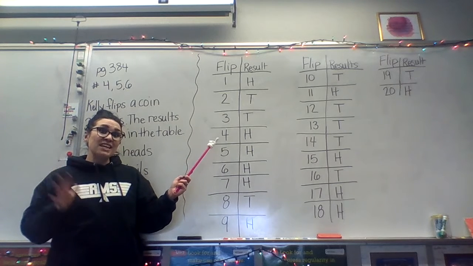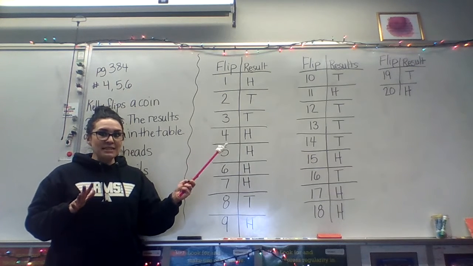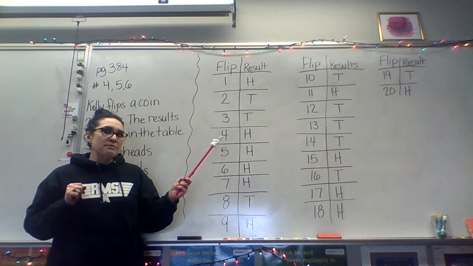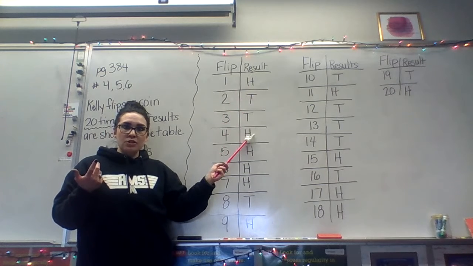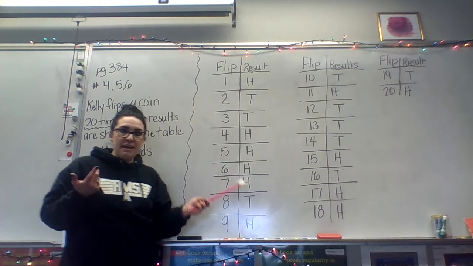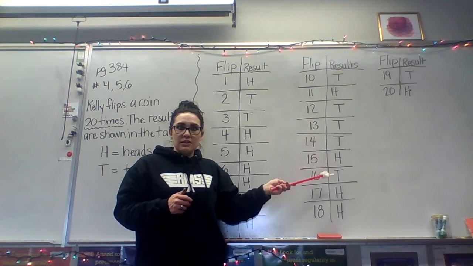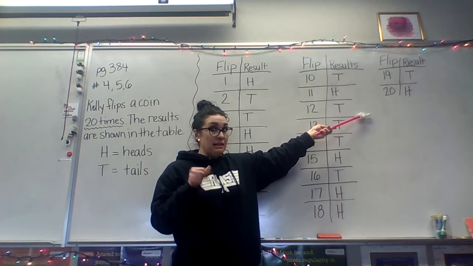But number 5 is getting towards that experimental probability, right? As we can see, it didn't come out 50-50. Let's see, how many times did that coin land heads up? 1, 2, 3, 4, 5, 6, 7, 8, 9, 10, 11. 11 for heads.